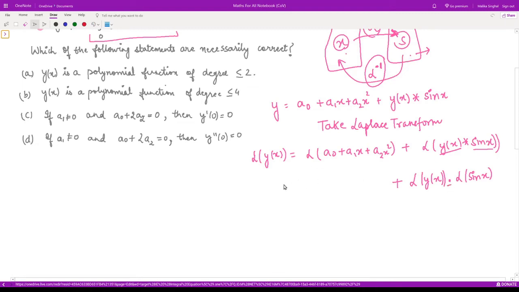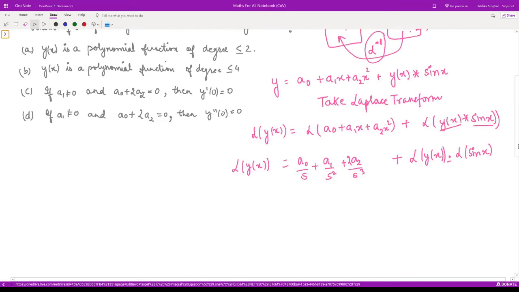And a0 being constant could be taken out. The Laplace transform of 1 is 1 by s, plus a1 times the Laplace transform of x, which is 1 by s square, plus a2 times the Laplace transform of x square, which is 2 divided by s cube, and the Laplace of y of x as it is.